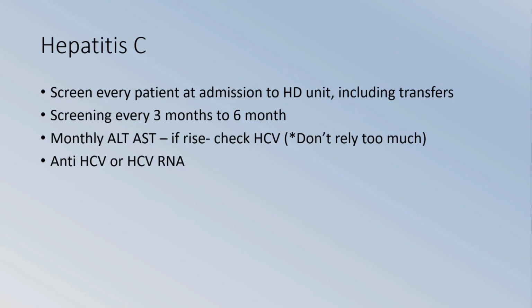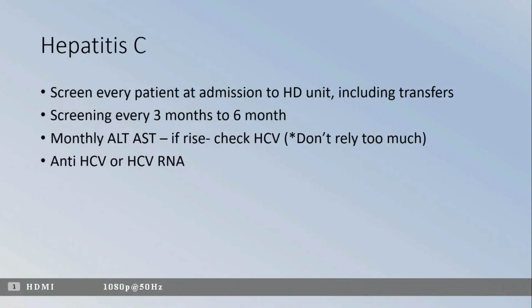If I have a Hep C negative patient in my unit, I'm just doing a 3-monthly test, maybe a third generation ELISA is okay. But anytime there's a transfer happening, then maybe it's a good idea to have a NAT test or an RNA test. Now this monthly ALT, AST has been there in guidelines, and 30 years back we had a dissertation about that. But today I would say that it's not going to be of much help.